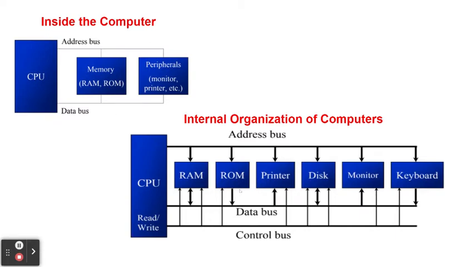That's why the direction is only going towards the data bus. We have the printer that receives the data to be printed. That's why it's going into the printer. And for the disk, it can be read or written. That's why the arrowheads are going in and going out. The monitor, we give the monitor what it will display.